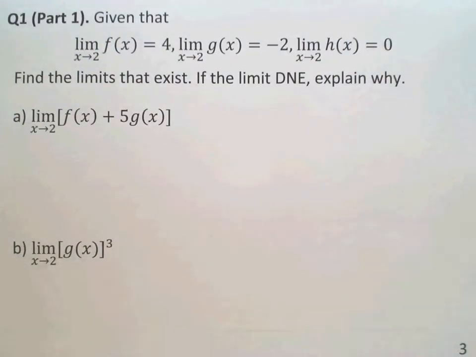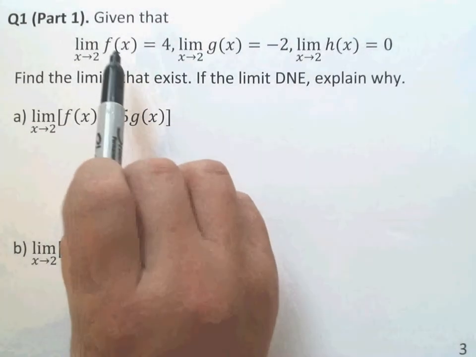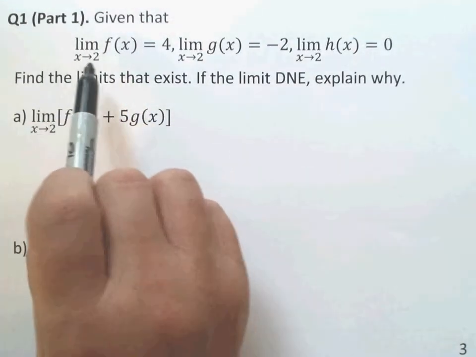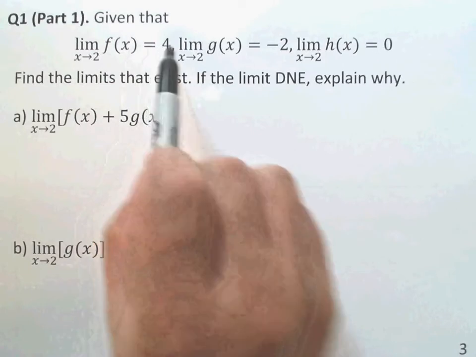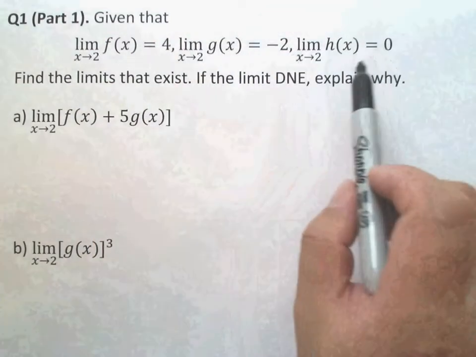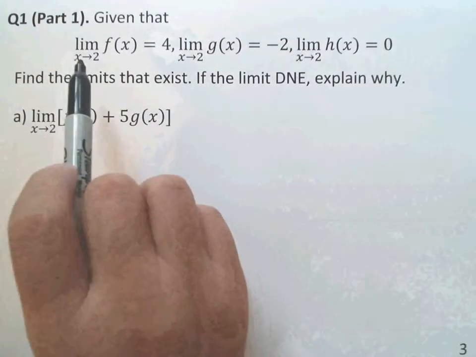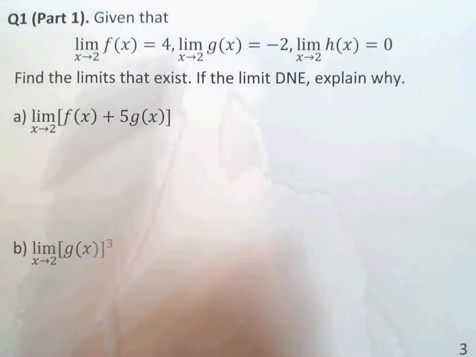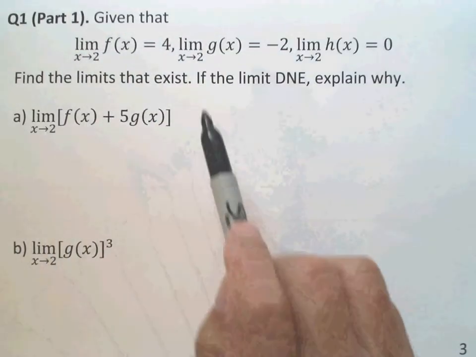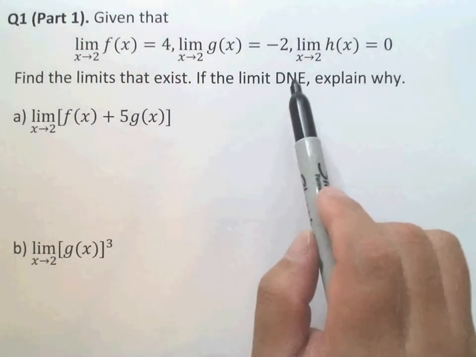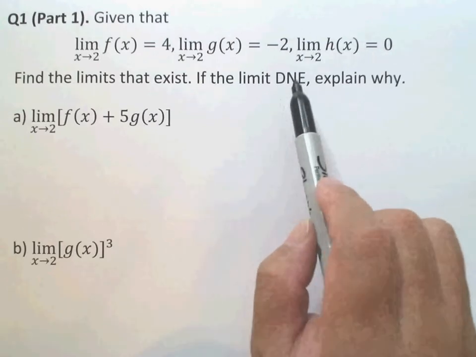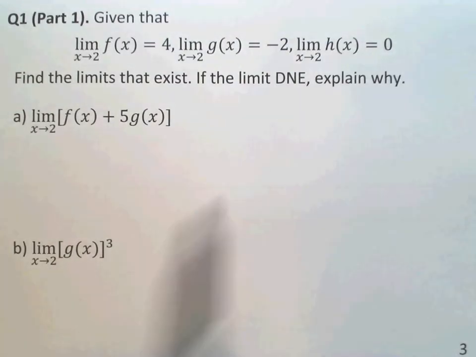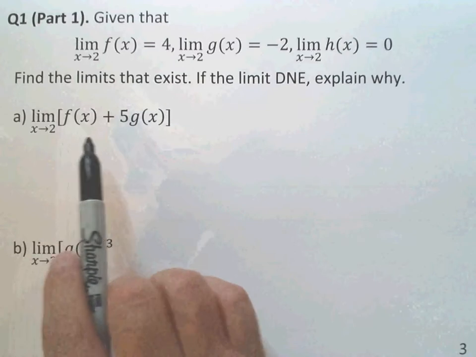One example. Can you see these questions? If we know the limit of f as x approaches 2 is 4, this limit is negative 2, and this limit is 0, all as x approaches 2, and the question says if the limit does not exist, can we see one by one?